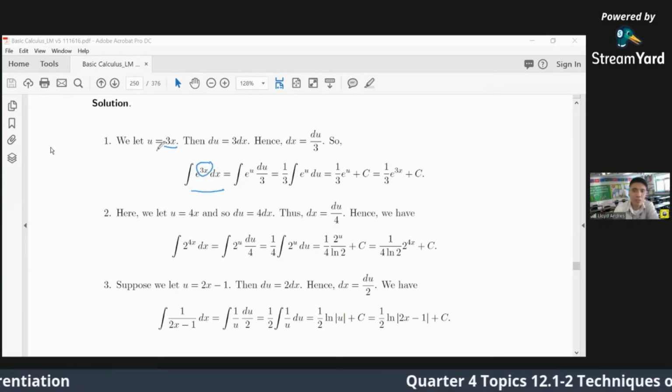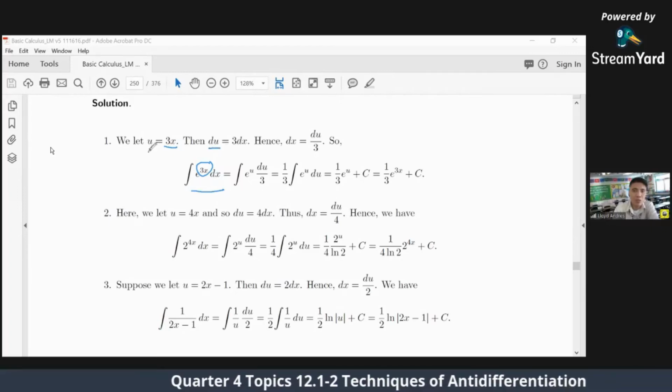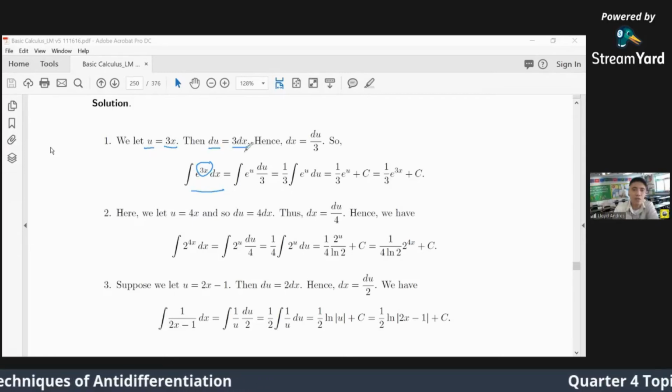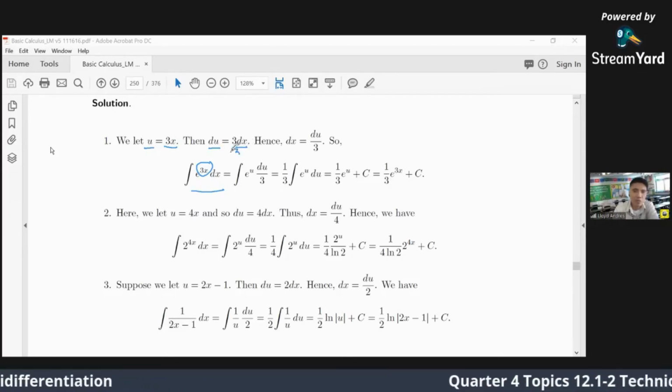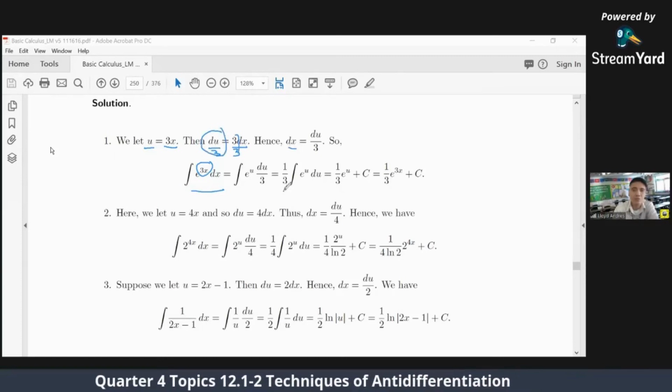Tapos, differentiating both sides, ang derivative ni u is du. Ang derivative ni 3x is 3 dx. Tapos, isolating dx, we divide both sides by 3. Para makancel na. Therefore, si dx ni mo is just du over 3.